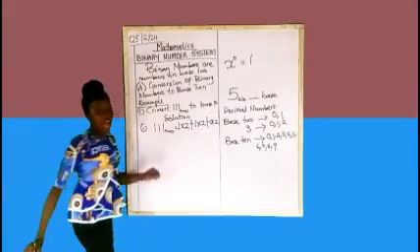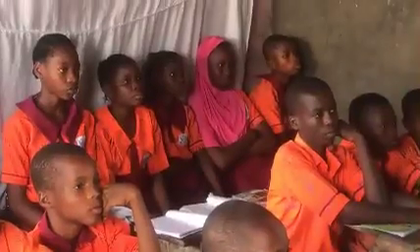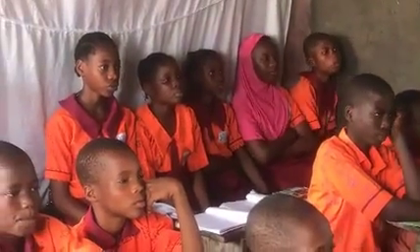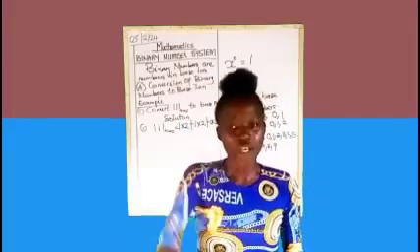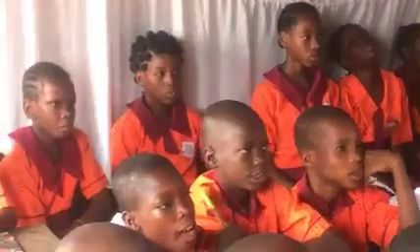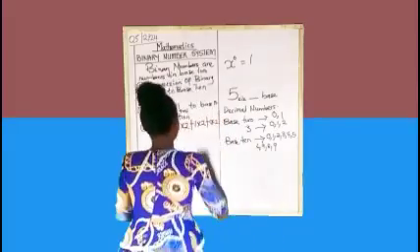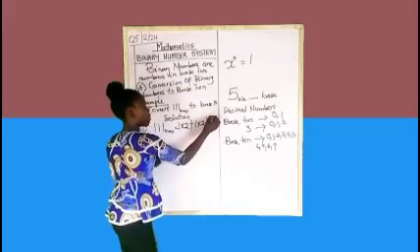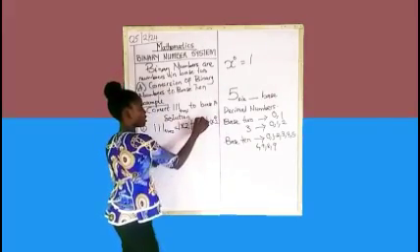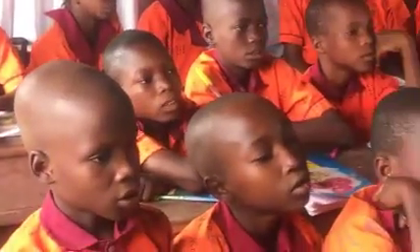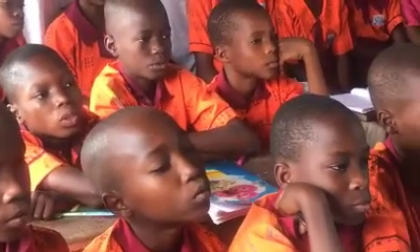Each of the bases must be raised to a power ranging from 0, and you must start from the back. That means the power here is 0, the next one will be 1, and then 2. So now this is mathematics.